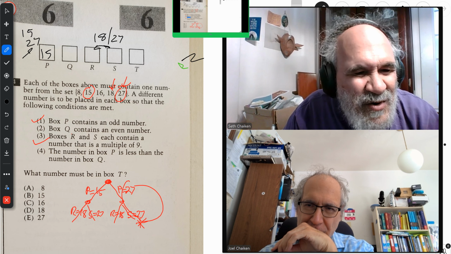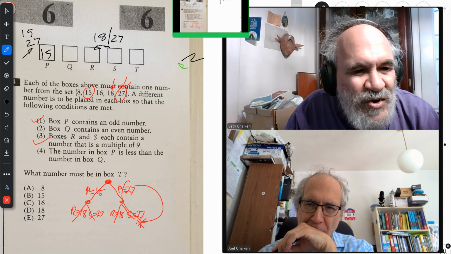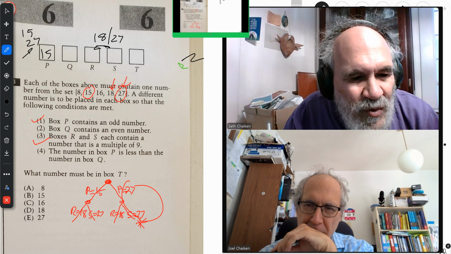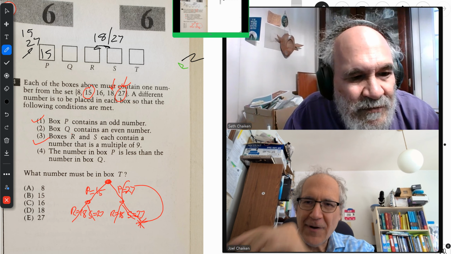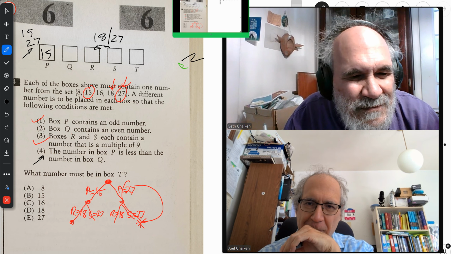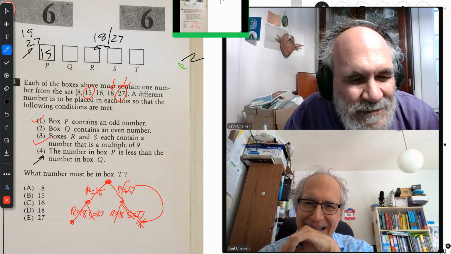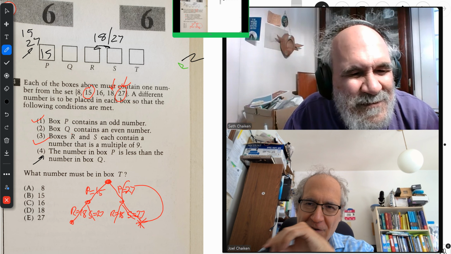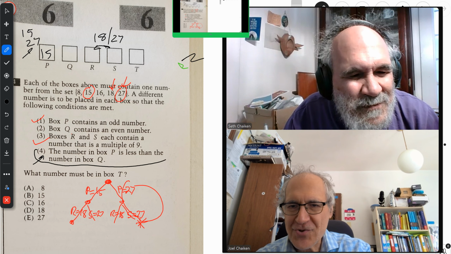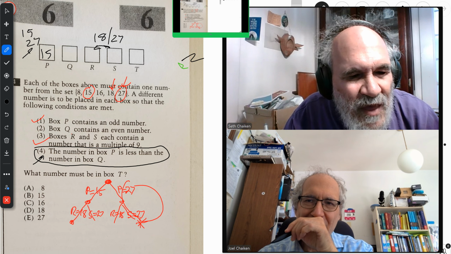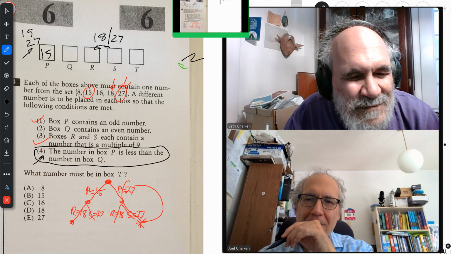Now we should deal with the constraint that the number in P is less than the number in Q. So Q has to be greater than 15.